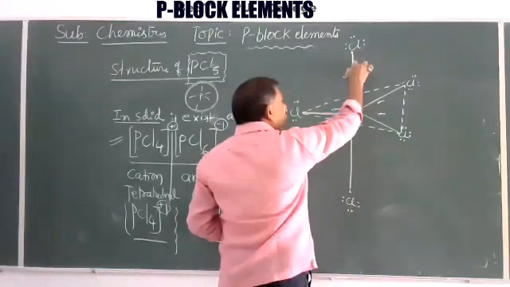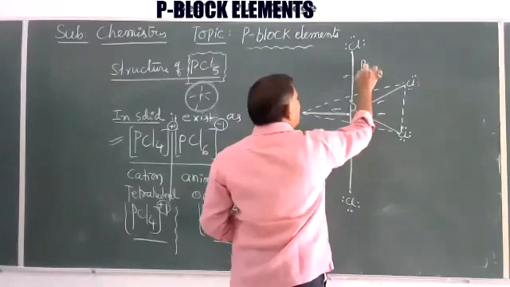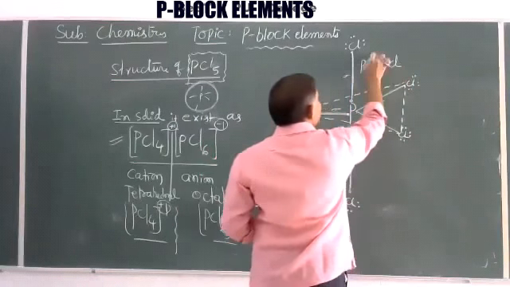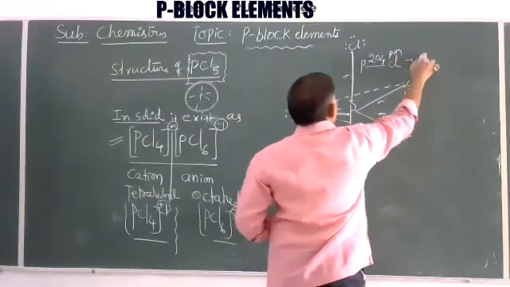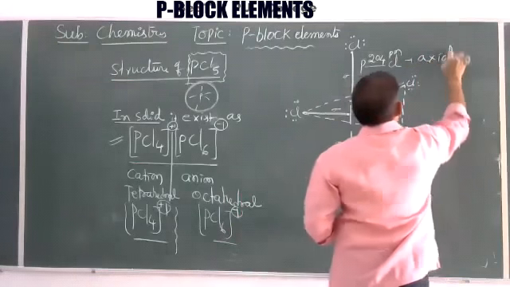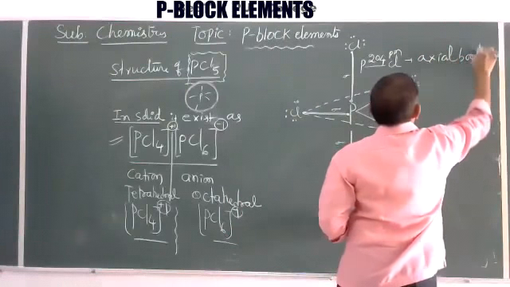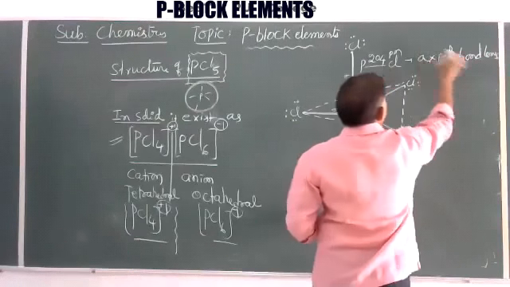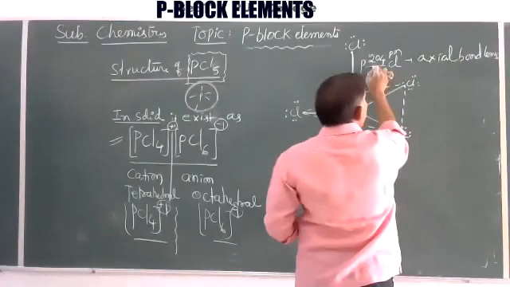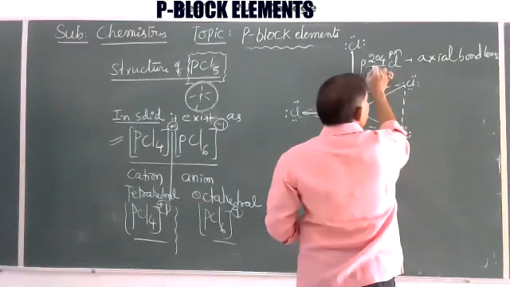Here the axial bond length of P-Cl is 204 picometers. That axial bond length is more compared to equatorial.